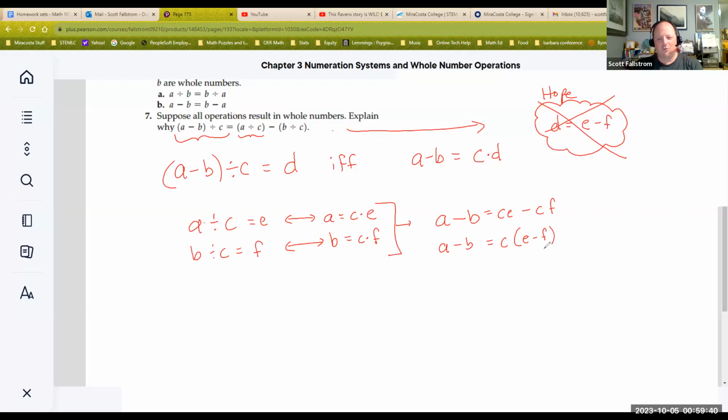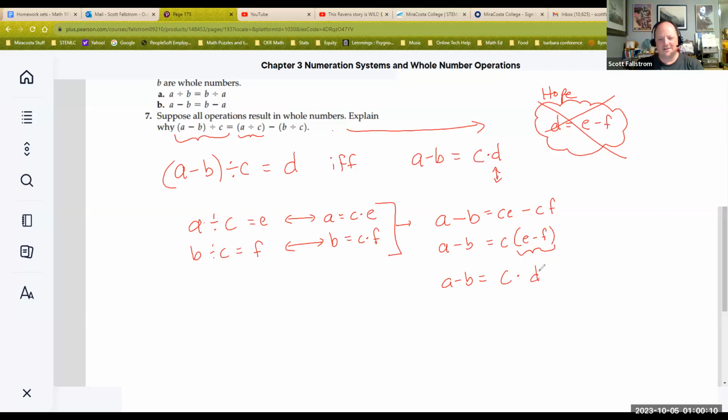Well, it is some quantity. Take a look here. This single number, because operations have to result in a whole number, multiplied by c gets me to a minus b. So by definition, that thing that I multiply by c to get a minus b has to be unique. And so this is the same thing as saying a minus b must be equal to c times d.